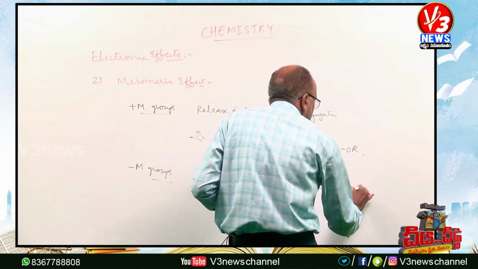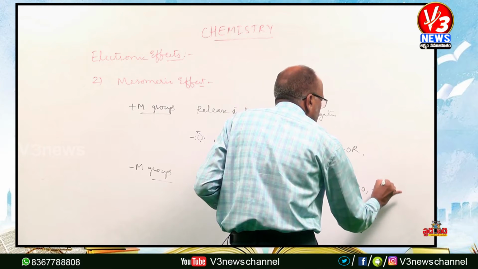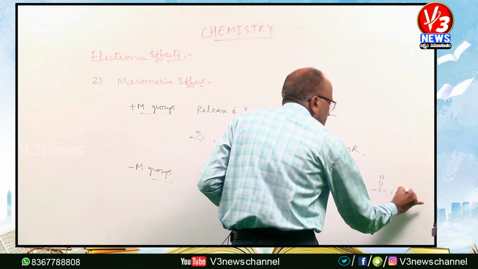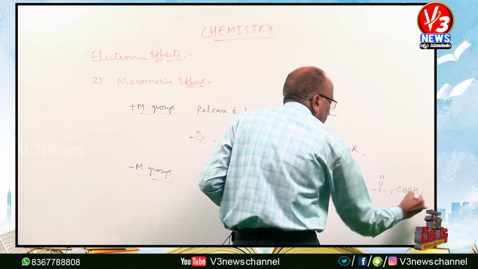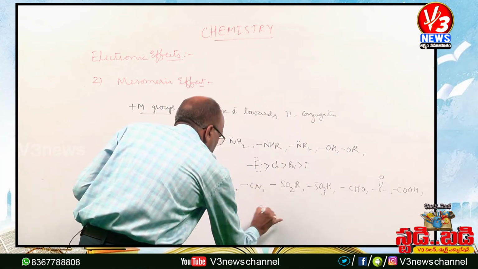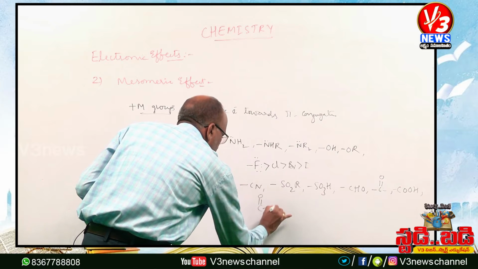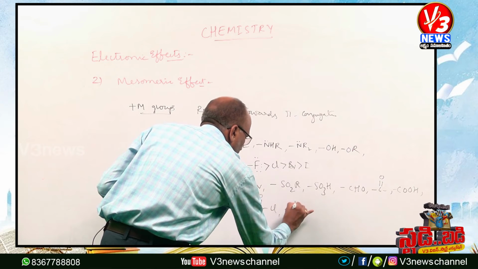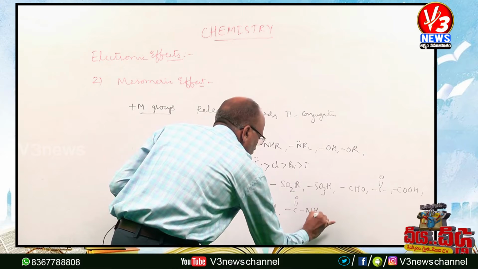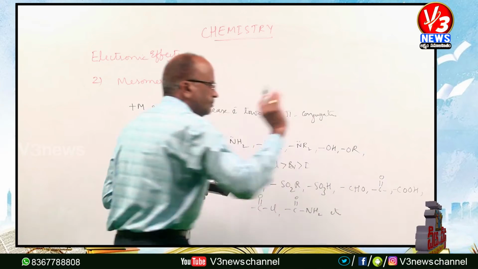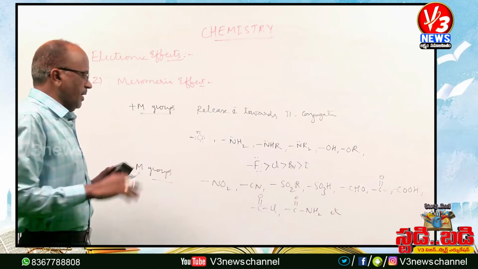After this CHO, C double bond O, COOH, COCl, CONH2, etc. These are some minus M groups.